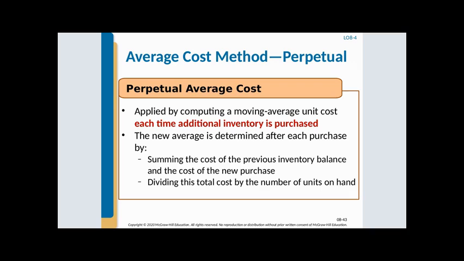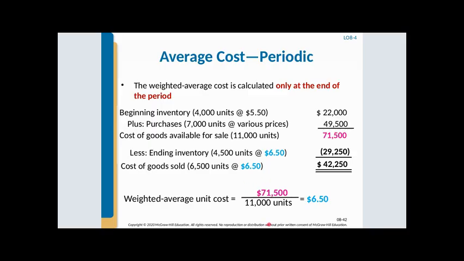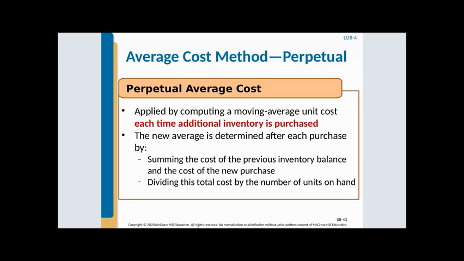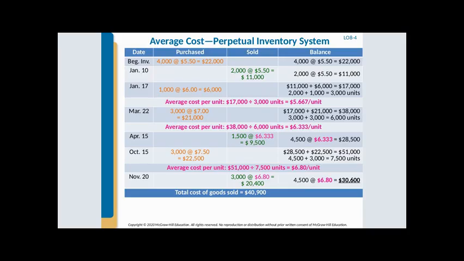It could be as easy as this. If we're using periodic, this is the calculation we will do, because we are waiting till the end of the period to do those calculations. It gets a little more complicated when we're using the perpetual inventory system.